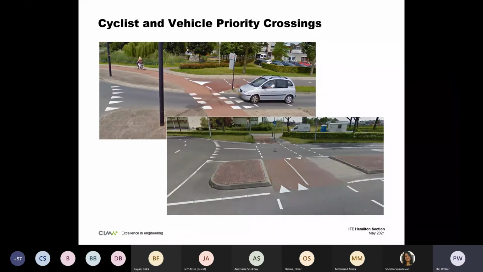And you can see that at either end, there's this discontinuity where the cyclist has to slow and turn to make the crossing. So the messages are very clear about who has priority. The signage is also clear as well. So you can bet that on the top one, the yield sign is facing the motorists. On the bottom one, the yield sign is facing the cyclist.